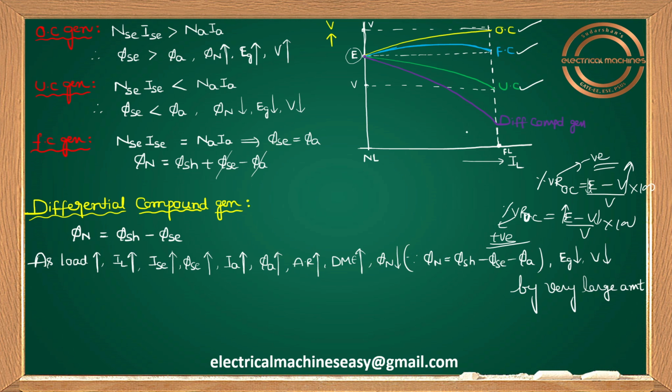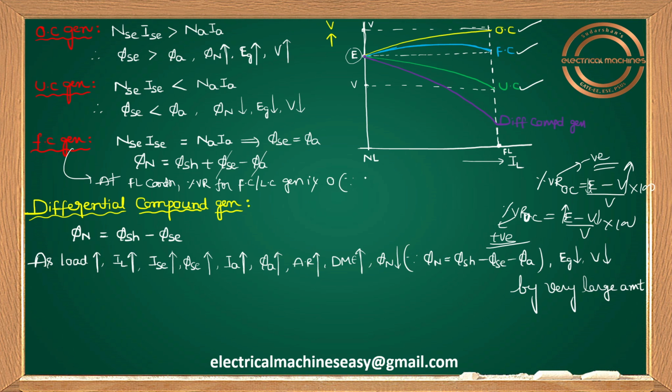Here one thing is very important. For a flat compound or level compound generator at full load condition, how much is the percentage voltage regulation? It is 0. Why?